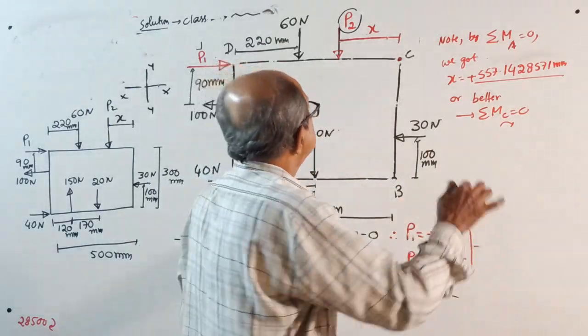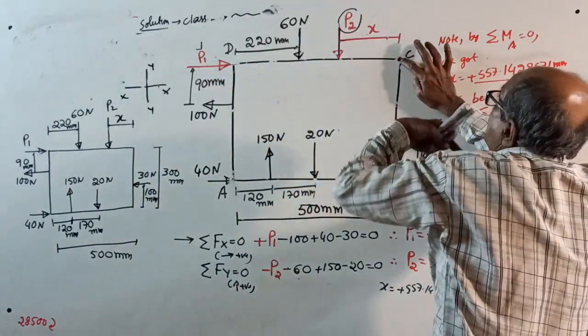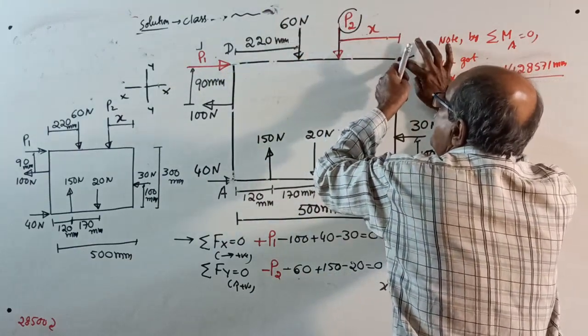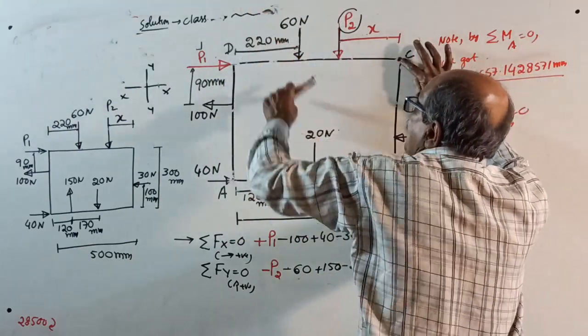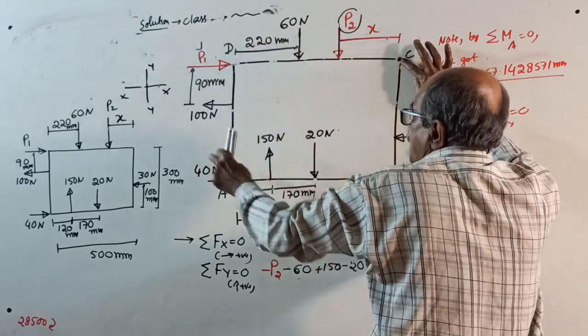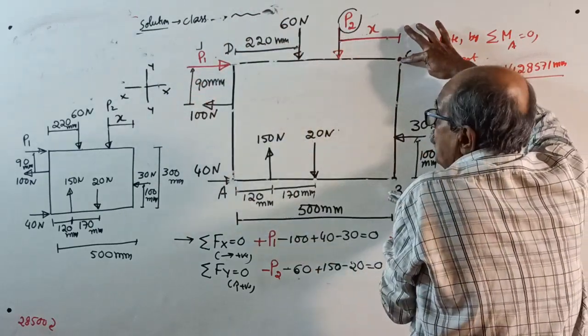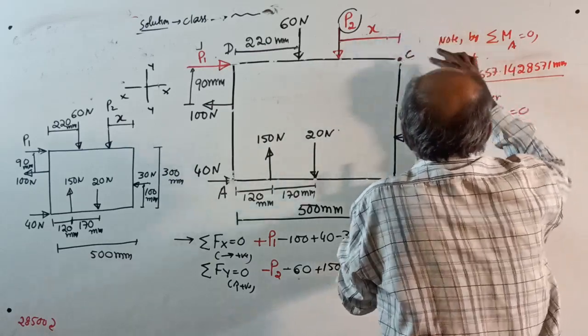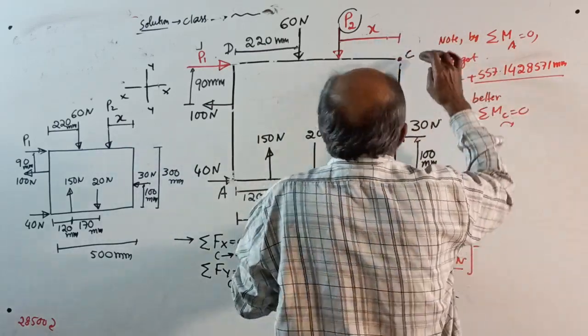See what will happen. Minus P2 into X, minus 60 into this distance, that is 280, plus 100 into 90, plus 40 into 300. See, this height is 300. Remember? Okay.